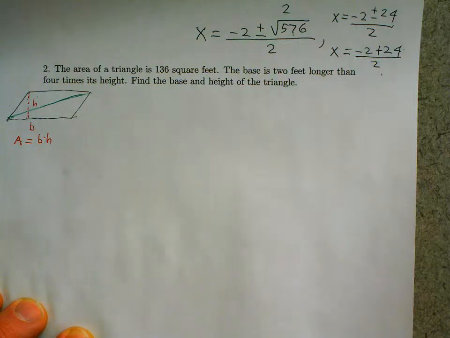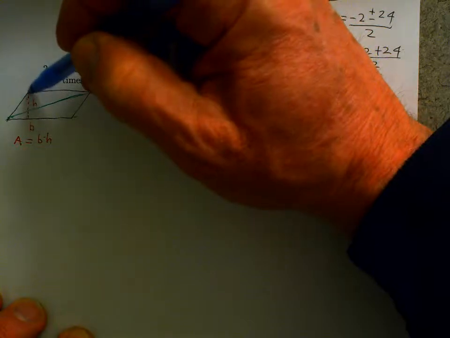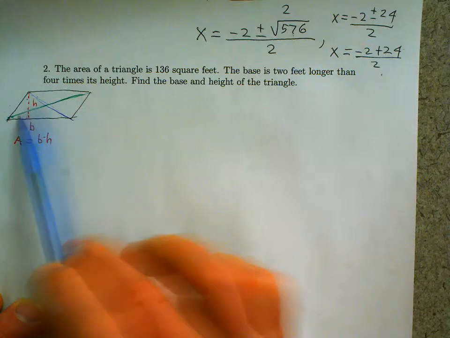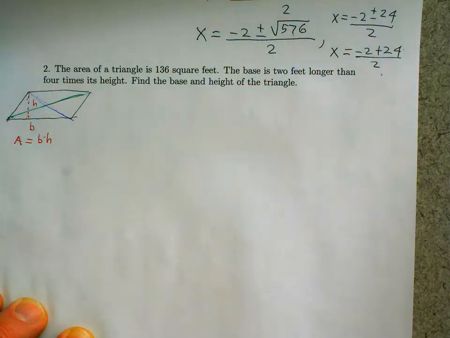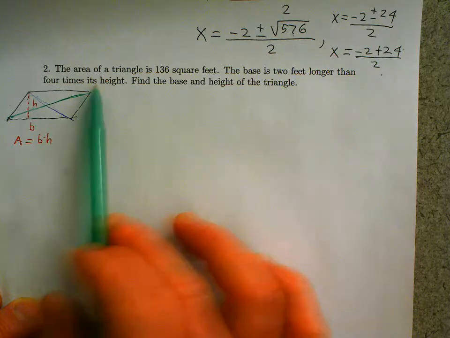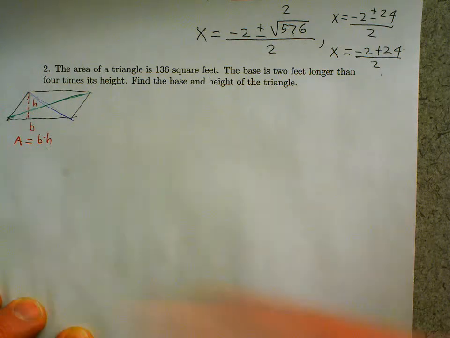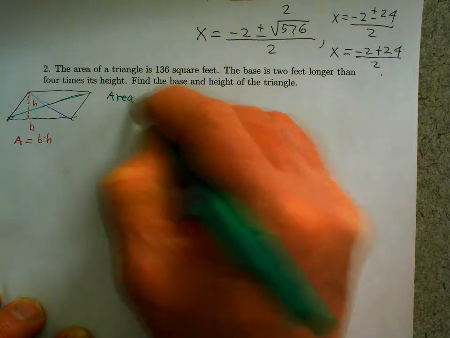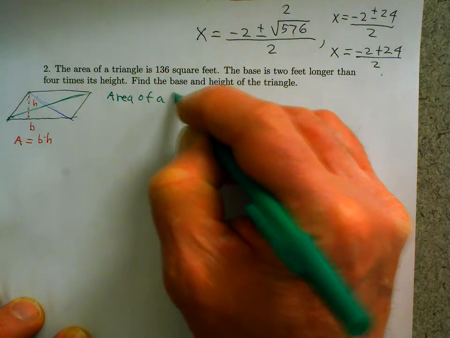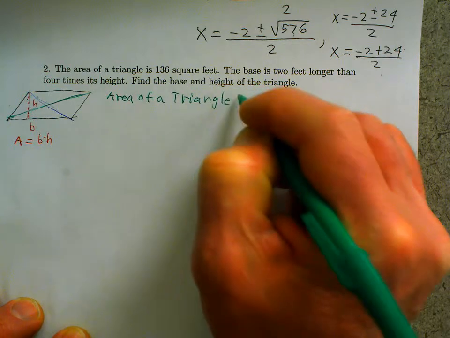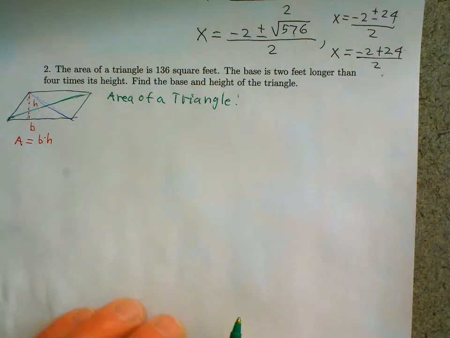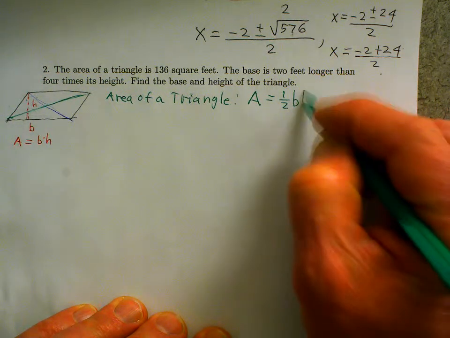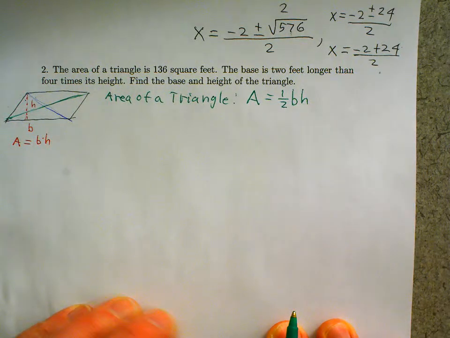A second way to do it would be to divide the parallelogram this way, so that those 2 triangles have the same area. Well, if the area of the entire parallelogram is base times height, then we can use that to help us find the area of a triangle. One half base times height. Area is 1/2 base times height.